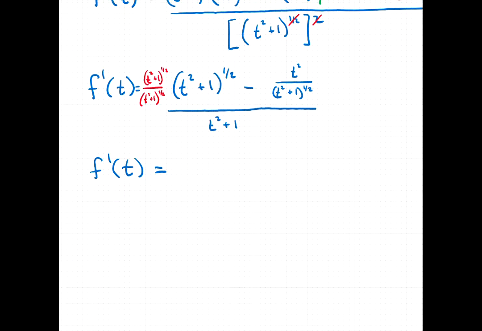This t squared plus 1 to the 1/2 times this t squared plus 1 to the 1/2, we add those exponents, so that's t squared plus 1.